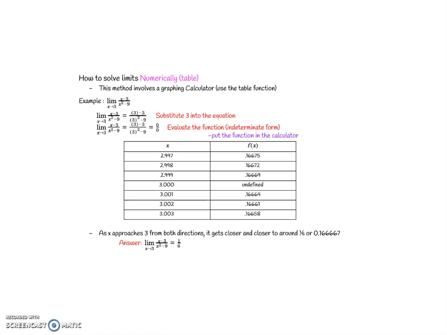So after you plug the values into the table, you see 3 is undefined, but you look at the values as the function approaches 3. If you do, you'll notice that it slowly but steadily approaches 0.01666667 or 1/6. So using this method, you can guess that the answer is 1/6.